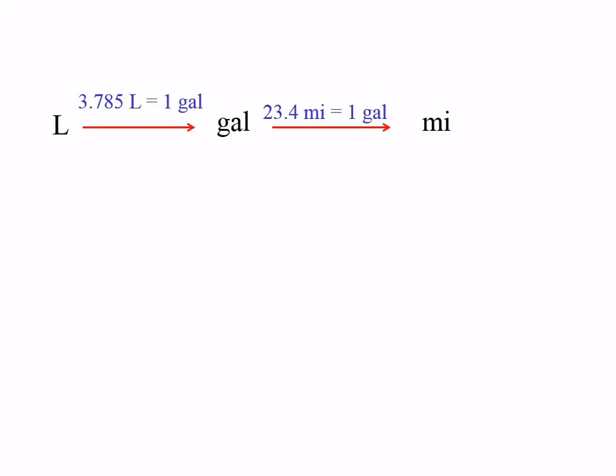Okay, so here we go. We're going to start with liters, convert it to gallons, and then we're going to go from gallons to miles using the gas mileage. So what's the first term going to be?